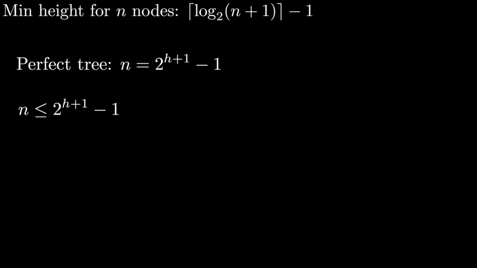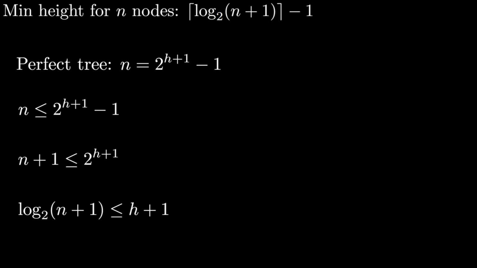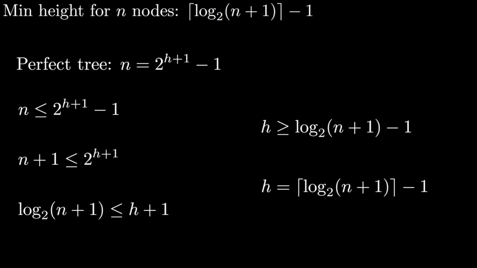So this is the maximum number of nodes given height h. If we allow our tree to be imperfect, it can have fewer nodes than this. With a bit of manipulation, we get that the height is greater than or equal to log base 2 of (n+1) minus 1, and using the ceiling function gives the exact value for the minimum height given n nodes.